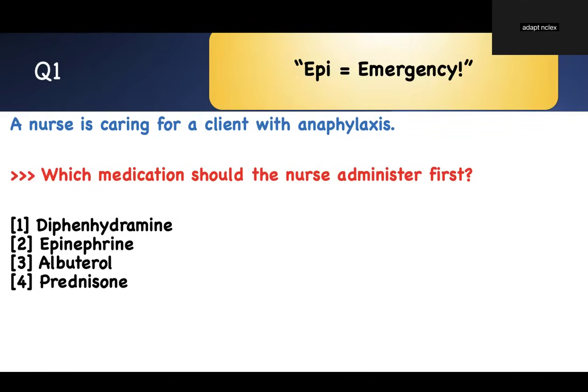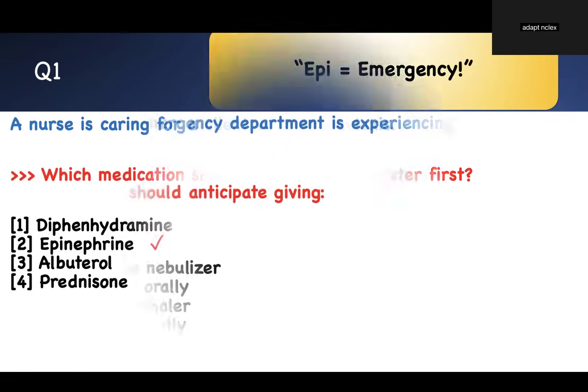Therefore, the first medication you should pick and give to the patient is epinephrine, followed by what? Diphenhydramine, followed by what? Albuterol, followed by what? Prednisone. There's another question that will use this strategy, but this medication is used for allergies and anaphylaxis, and therefore epinephrine is the first answer. So take note of it.